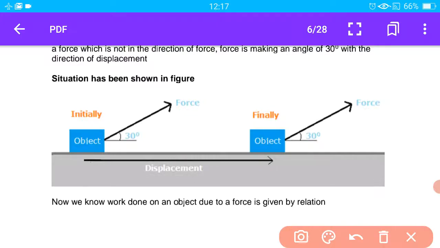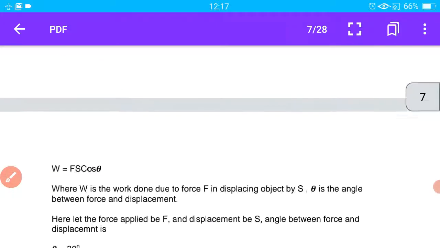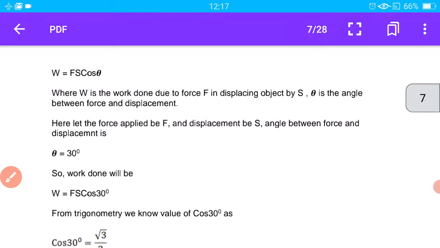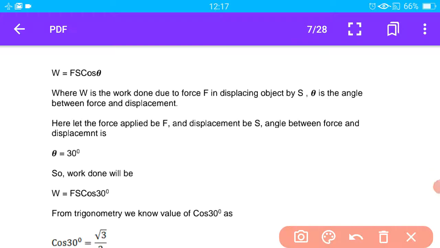Now we know work done on an object due to force is given by the relation W equal to Fs cos theta, where W is work done due to force, F is the force displacing the object by s, and theta is the angle between force and displacement.